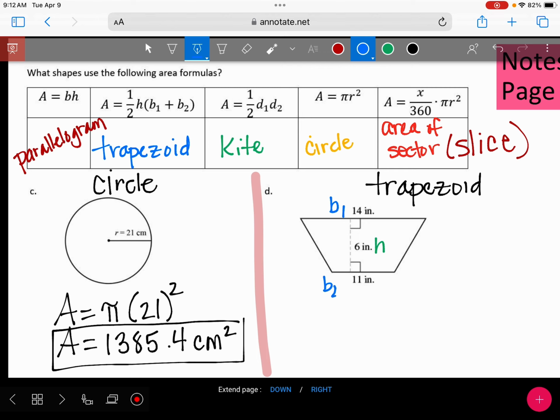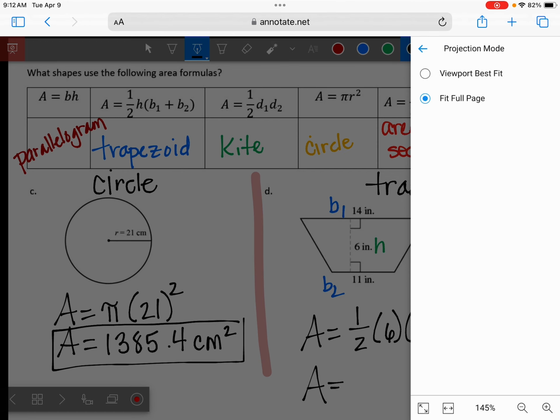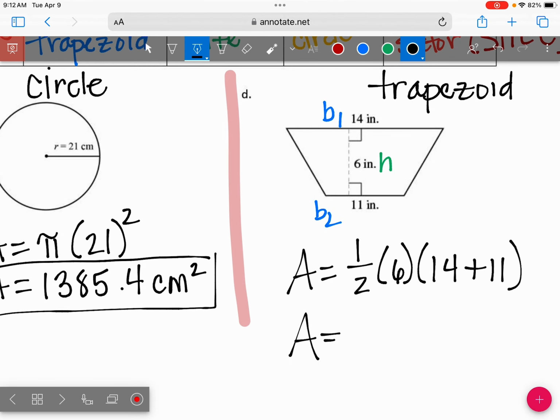This is B1. This is B2. So area equals 1/2 times the height, and then 14 plus 11. Go ahead, type that in your calculators and see what you get.